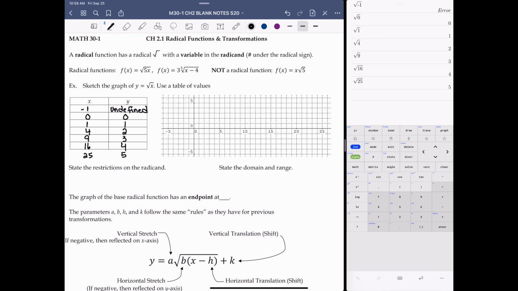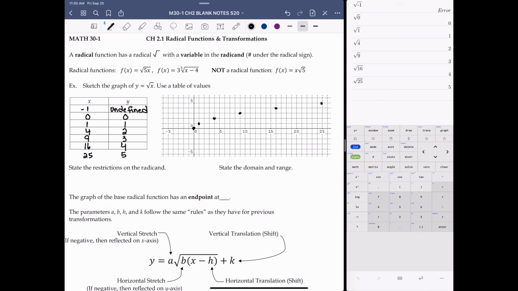Let's plot our points so we can draw our graph. We have a point at 0, 0. We have a point at 1, 1. A point at 4, 2. We have a point at 9, 3. We have a point at 16, 4. And the last one's at 25, 5.